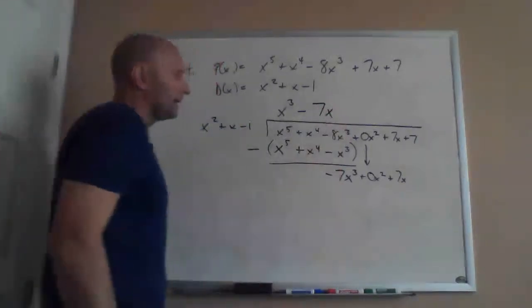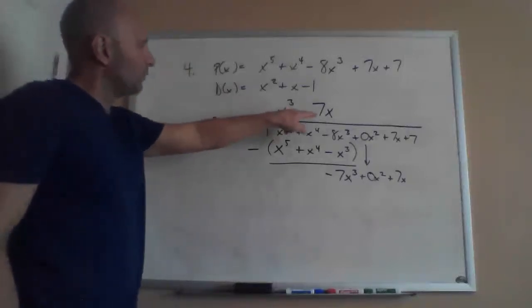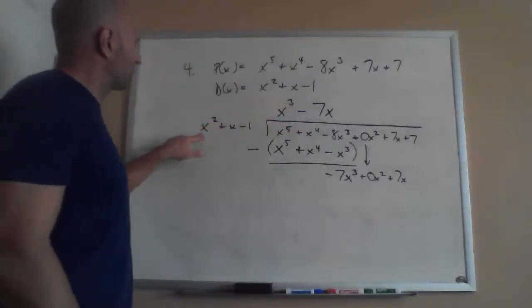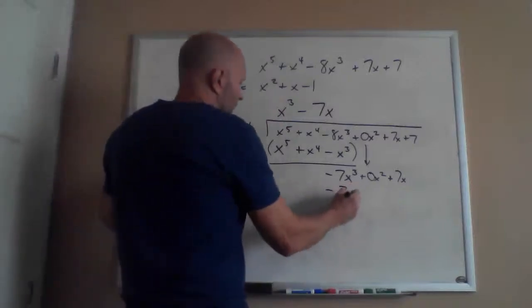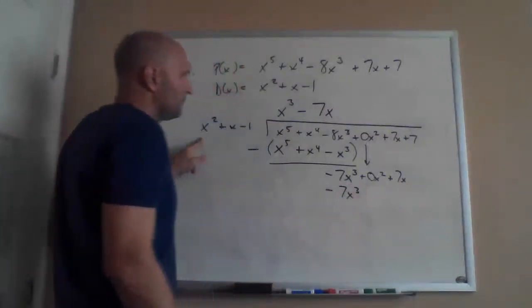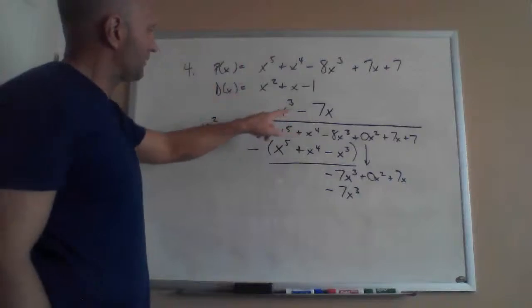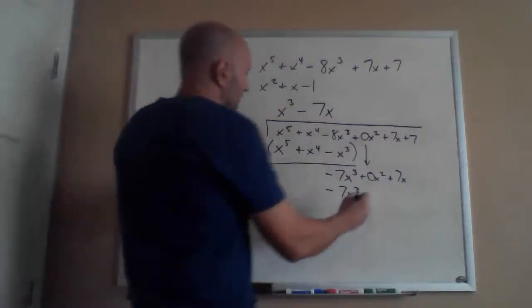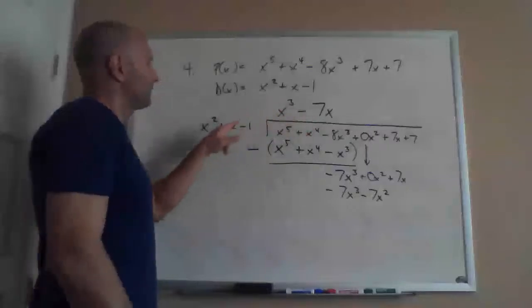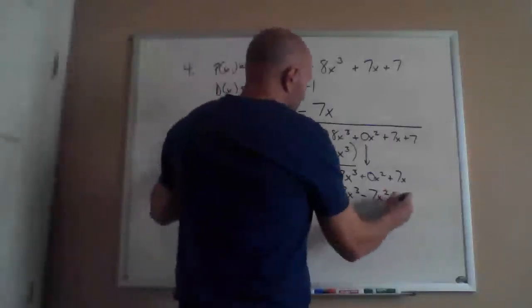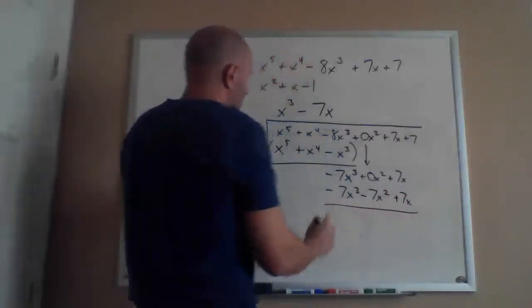That's going to be minus 7x. So negative 7x times x squared, add the exponents, 2 plus 1 is 3, so minus 7x to the third. Negative 7x times x is negative 7x squared. And then negative 7x times negative 1 is plus 7x.